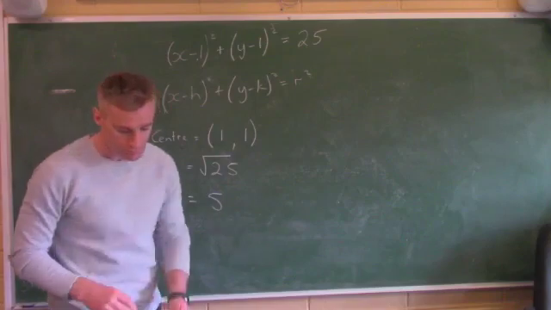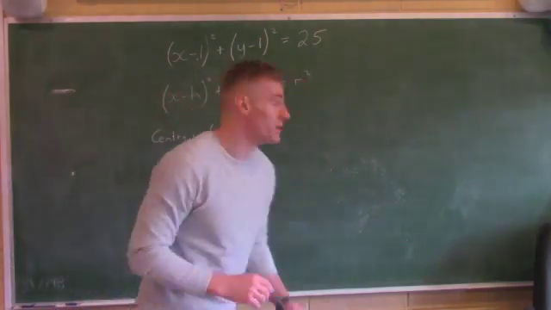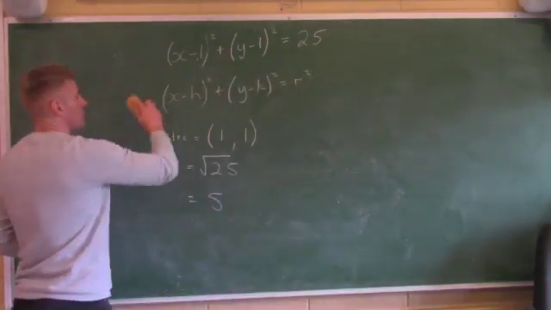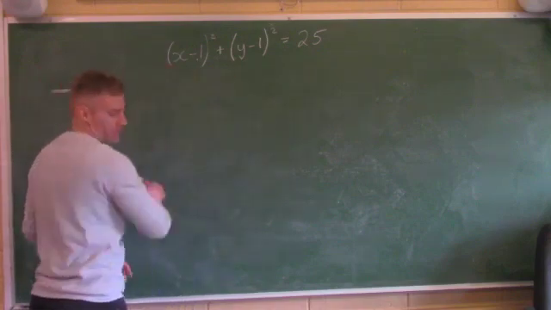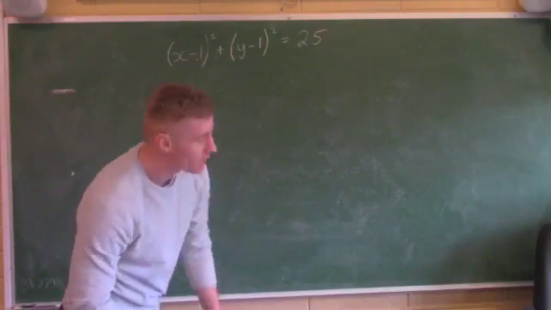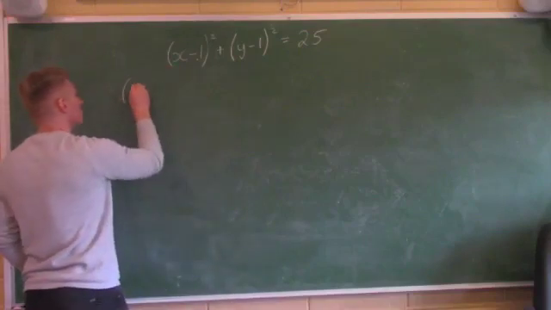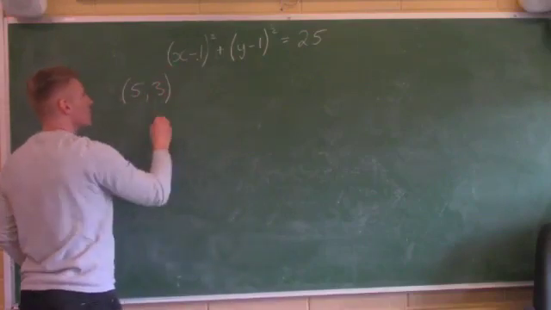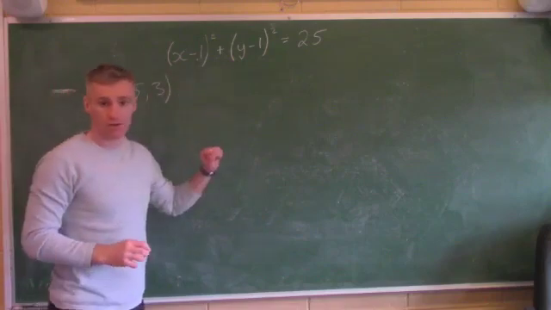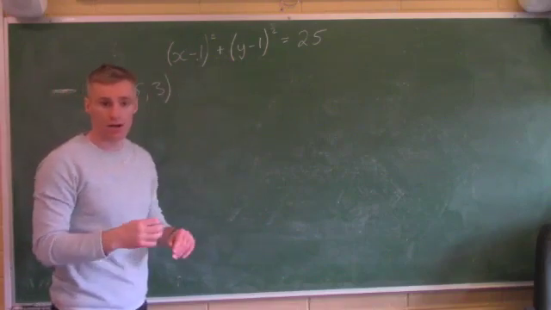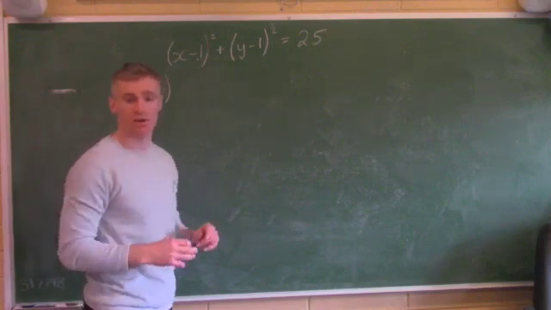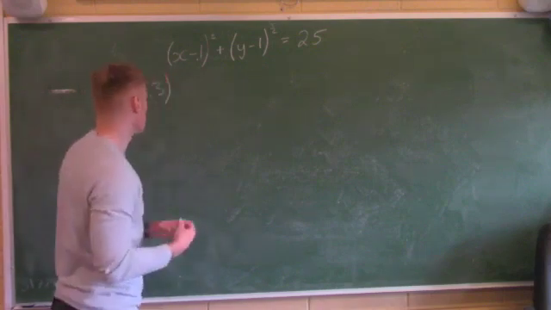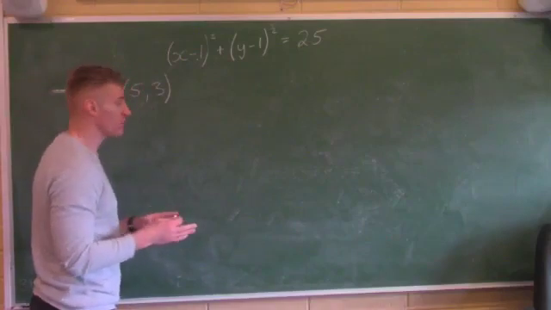Okay. Now what they're asking me is, I'm going to leave that up there. What they're going to ask me is the point (5, 3). Is this point on this circle, inside or outside? And I have to use algebra. If the question asks, justify your answer using algebra. Right, it's nothing too complicated with algebra.